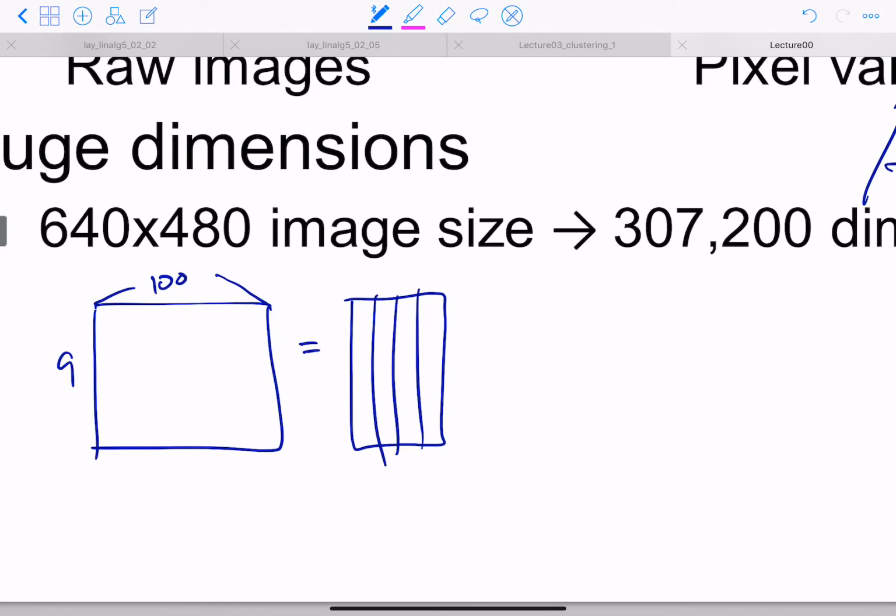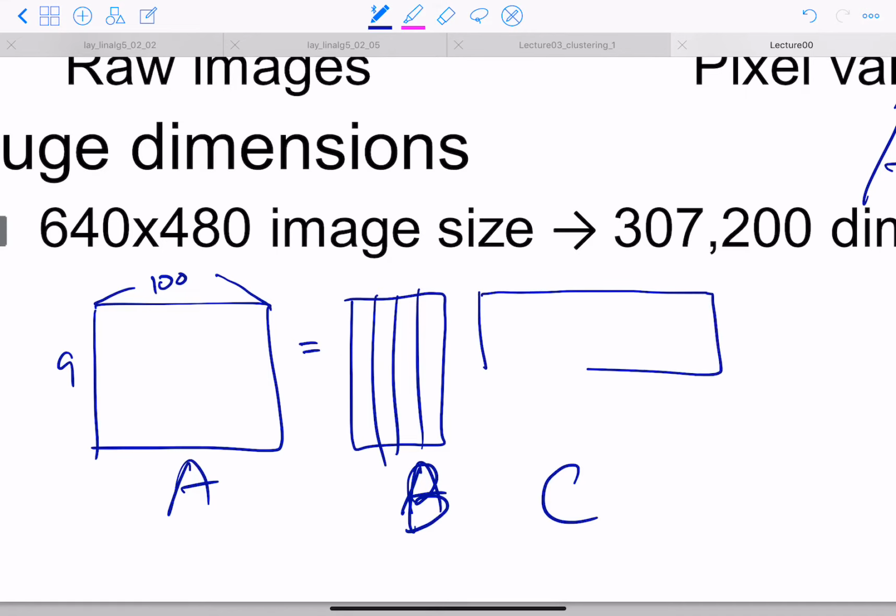So we have 4 columns in matrix B, and then C is represented. So B is 9 by 4, right? And C is 4 by 100. Okay. All right, and so what's the meaning of it?